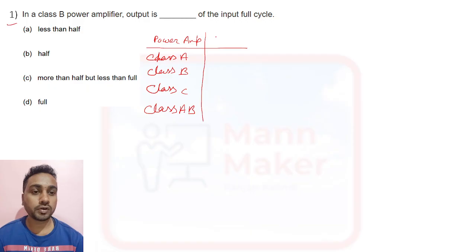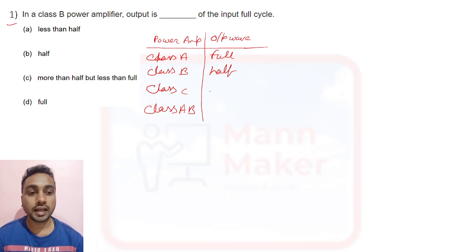If we talk about the output waveform, in a class A amplifier the output waveform will be the full input cycle. And in class B it will be the half of the input waveform.